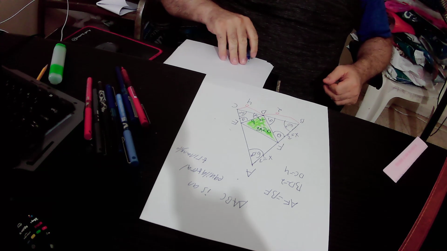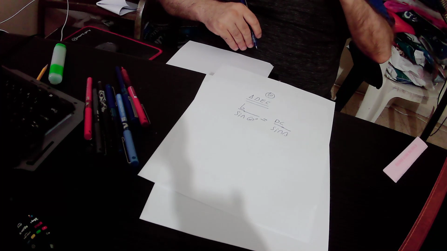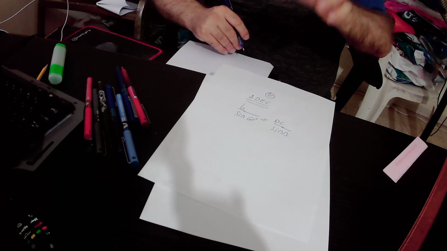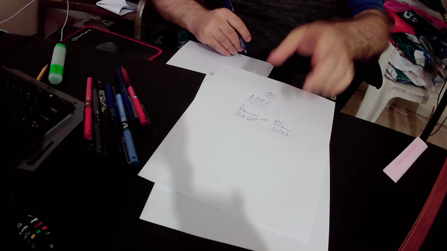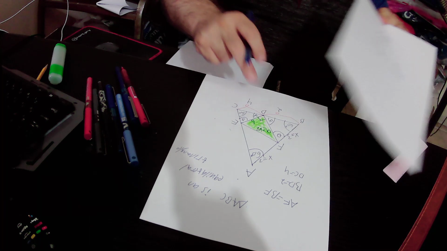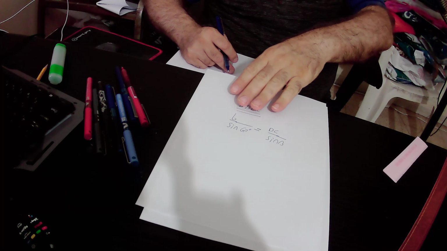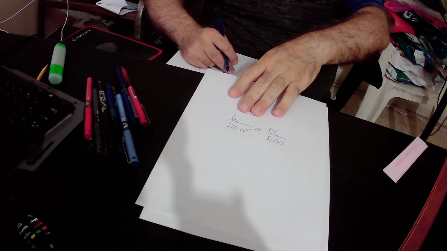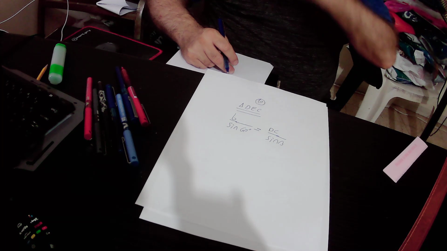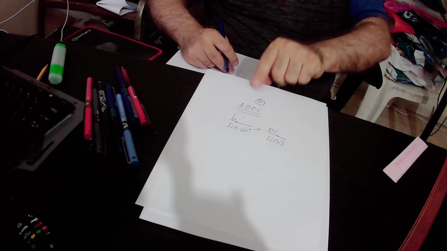Okay, as you can see from this implementation of the law of sines in triangle DEC, the only missing variable here is b. So we will put the data inside this equality.